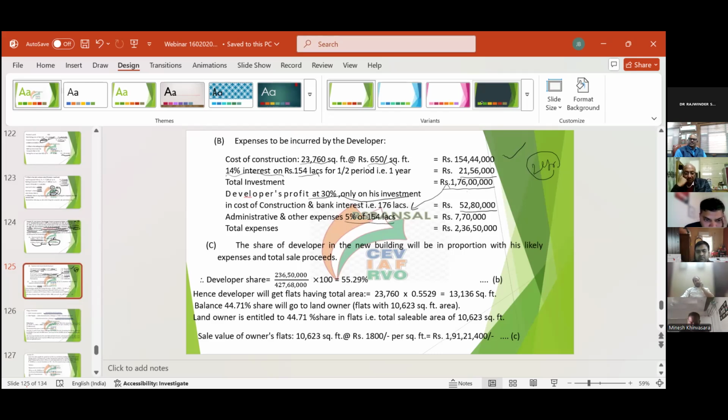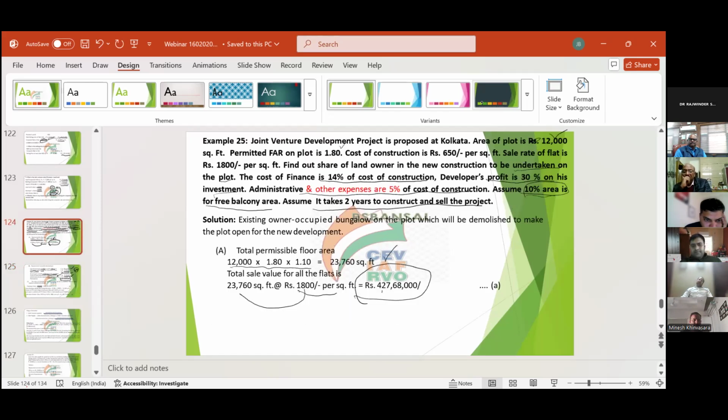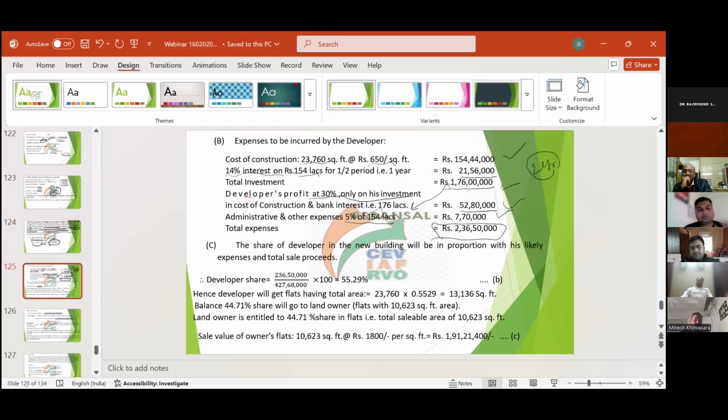So the total expenses will be 1 crore 76 lakh plus 52 lakh 80,000 plus 7 lakh 70,000, which is 2 crore 36 lakh 50,000. So out of 4 crore 27 lakh 68,000, the developer's share will be 2 crore 36 lakh 50,000, which is 55.29%.